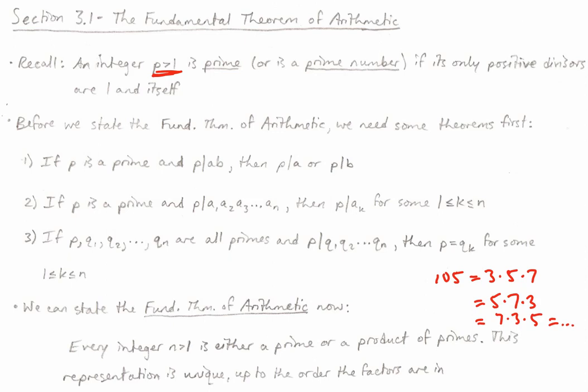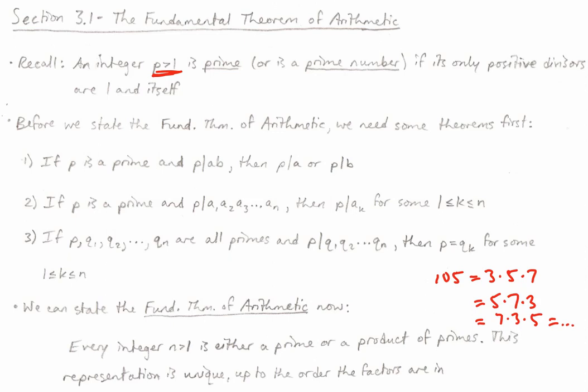When they say this representation is unique, they mean there is no other number that can be written as a product of 1 three, 1 five, and 1 seven. 105 is the only number that can be written as a 3 times a 5 times a 7.